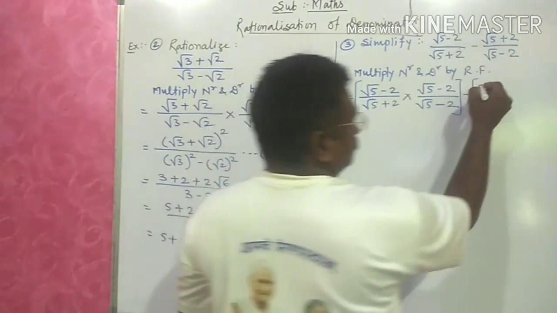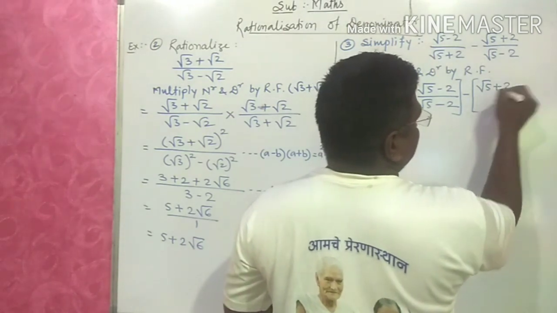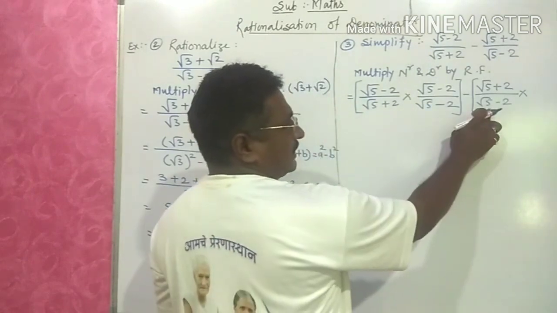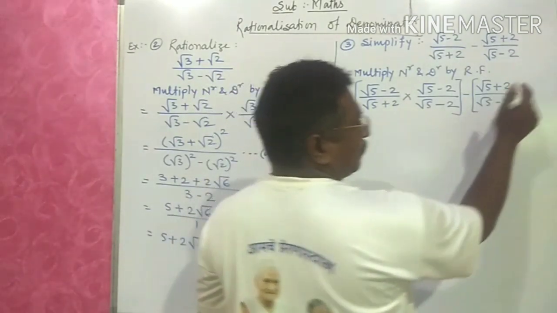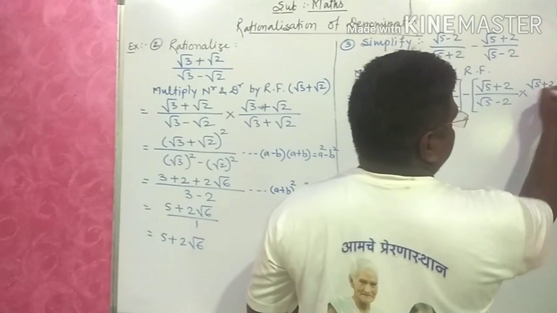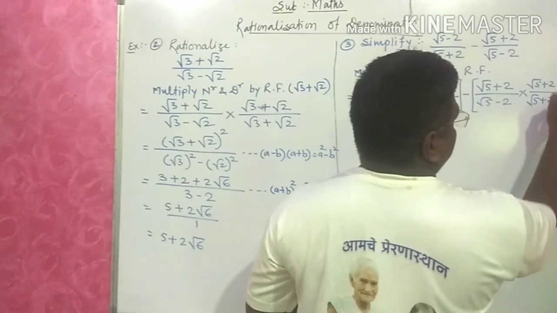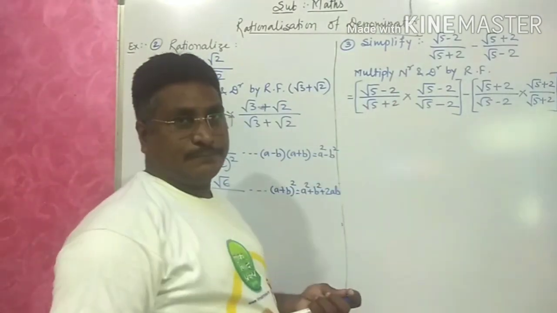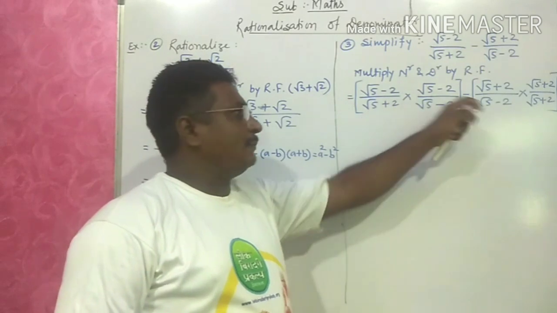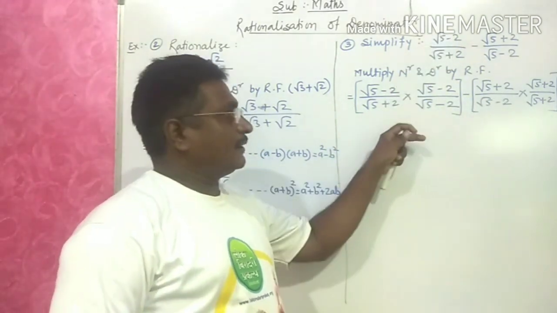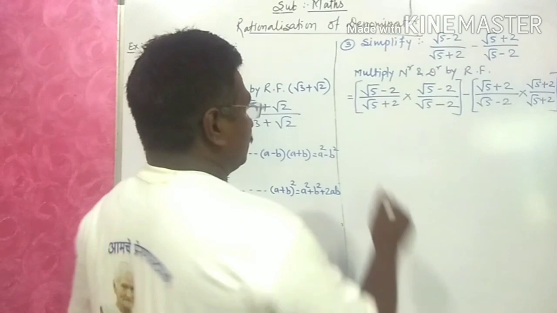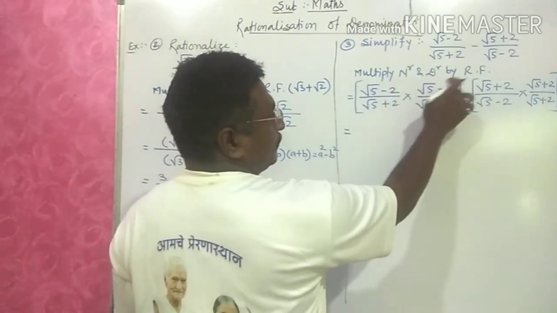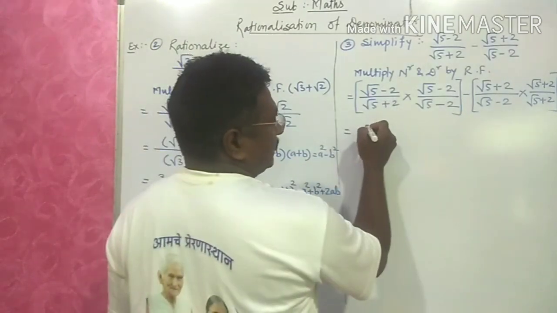Now the second term, (√5 + 2)/(√5 − 2) into, what is the rationalizing factor of this? (√5 + 2)/(√5 + 2), in this way. You can also write A and B separately and rationalize separately, no problem. Now here the same property: A minus B into A minus B means (A minus B) whole square.